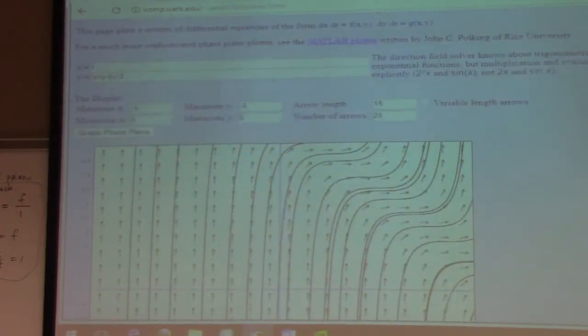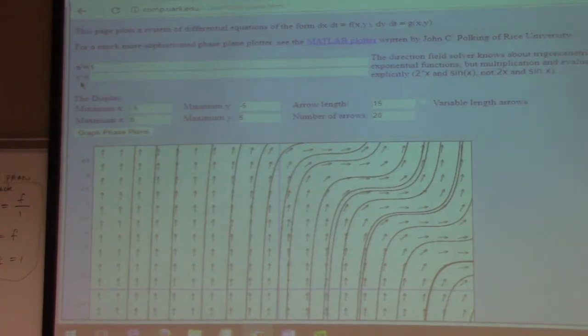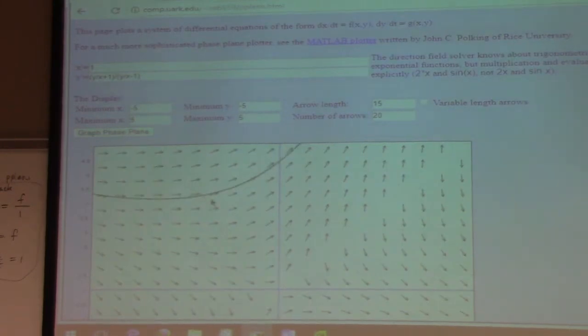What's another one we solved today? dy/dx equal what? Oh, that one. Let's try it. y over x plus 1 divided by... I don't know if this stuff... Well, it's built over MATLAB, but MATLAB ought to be able to hack this. Sorry, this lecture seems to be very hacky. Let's see here. Cool.